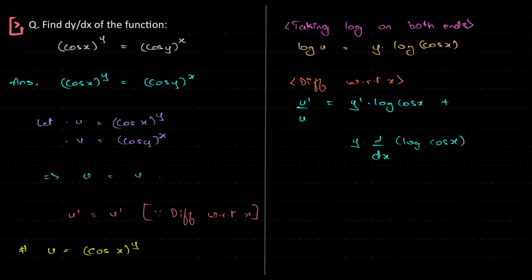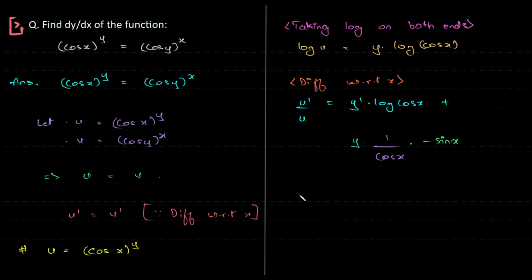Now this we can differentiate. So differentiation of log of cos of x would be doing it here itself, because I would like you guys to get used to the idea. And as per the chain rule, again we have to differentiate cos of x. That would be minus sine of x.